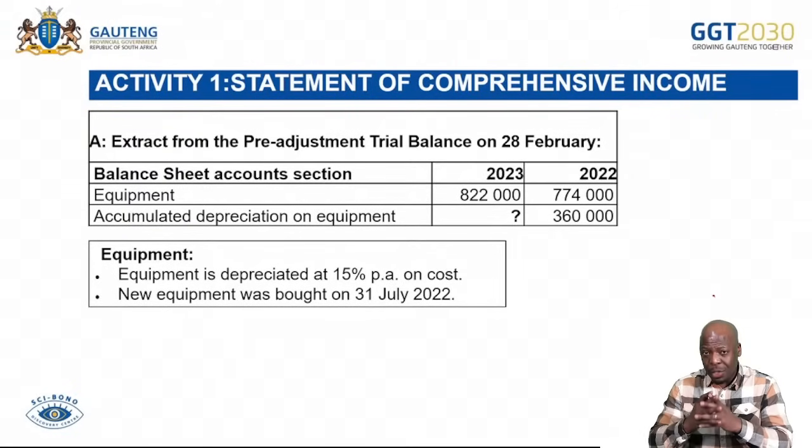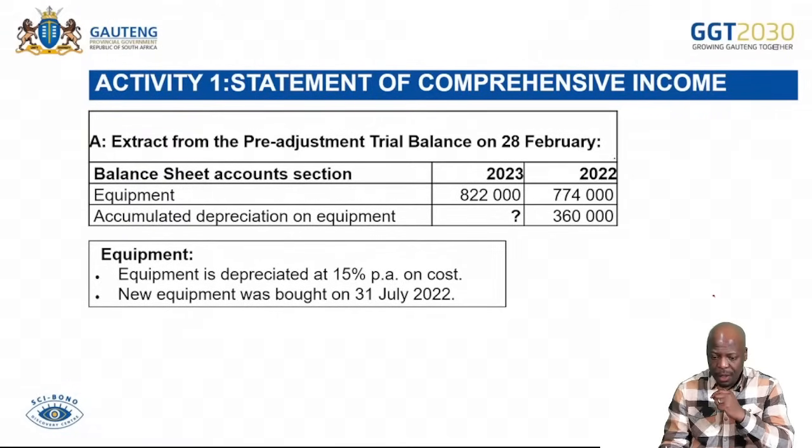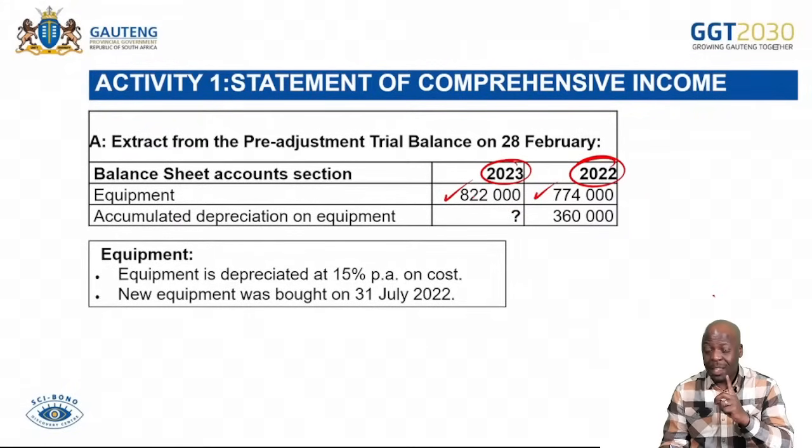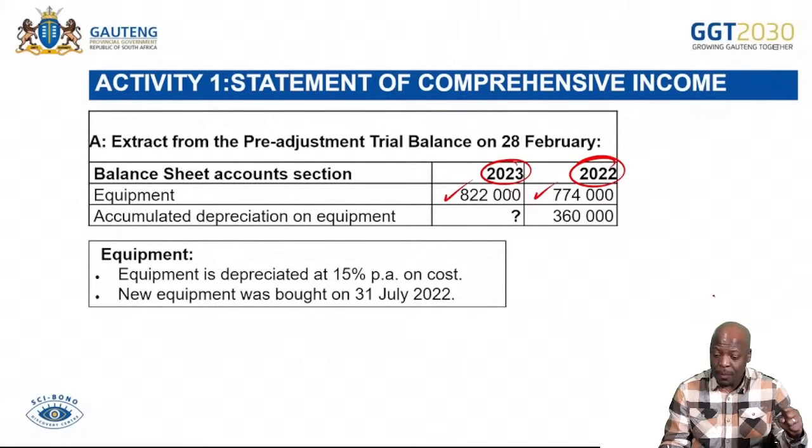You must be able to see that if your equipment in 2022 is 774 and the equipment in 2023 is 822, provided that no equipment was sold, this difference will give you the new equipment added.